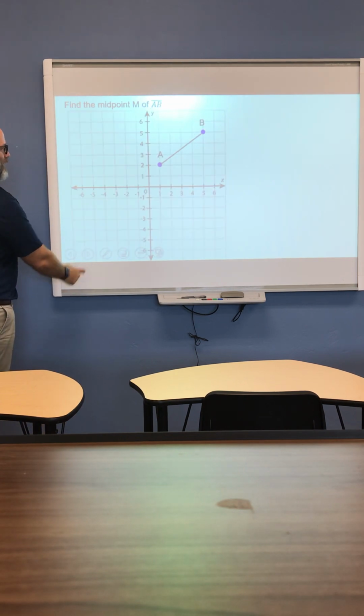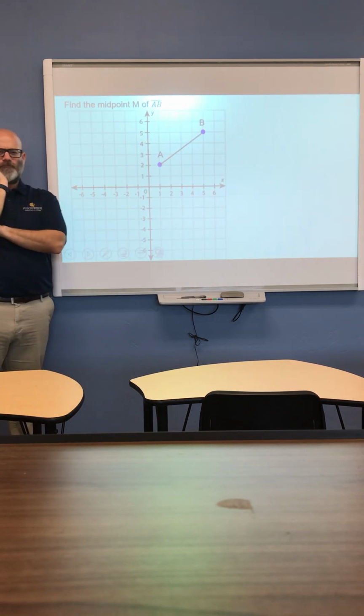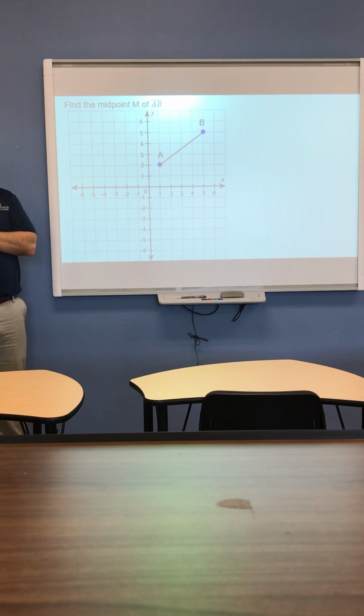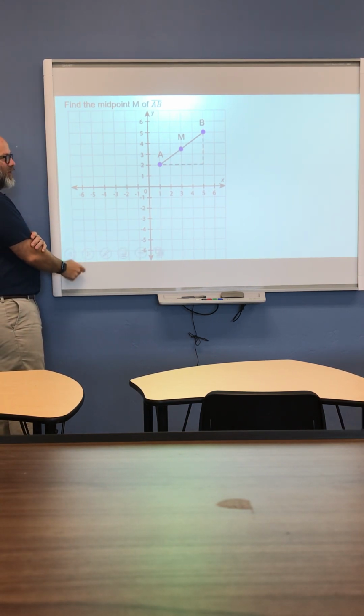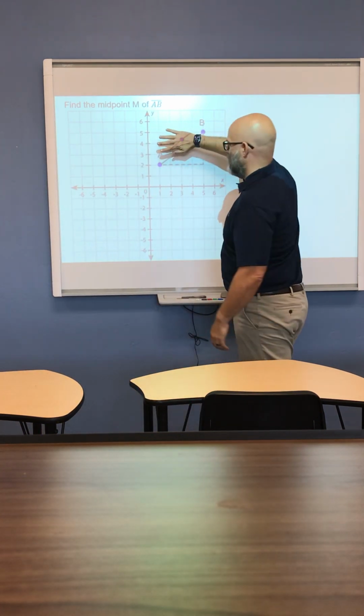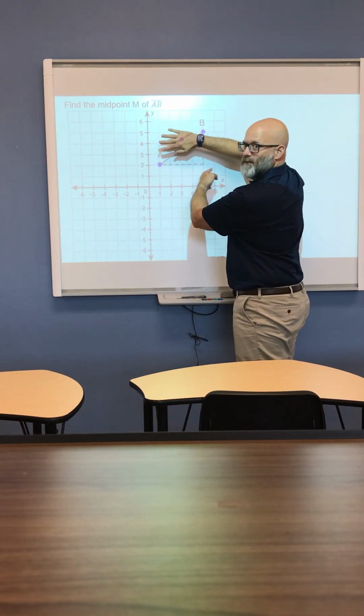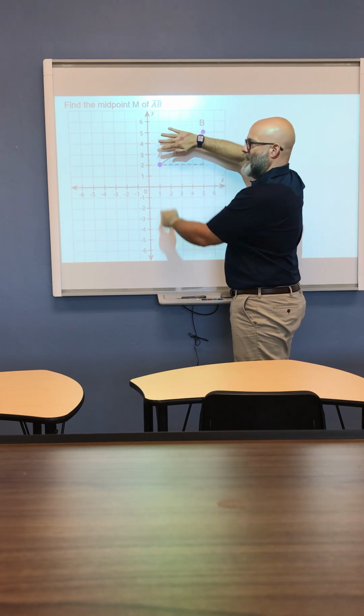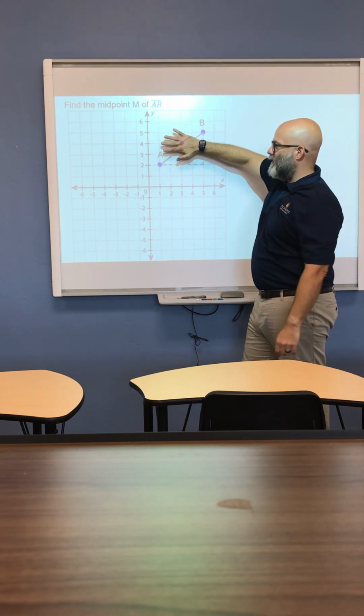Okay, let's try an example with numbers. Find the midpoint of AB. So what's the first thing I'm going to do? Well, first thing I'm going to do is drop that diagonal. Drop the right triangle. And then I'm going to ignore everything in the y direction. I'm just going to focus on this x portion, the base, and I'm going to get the midpoint of the base.